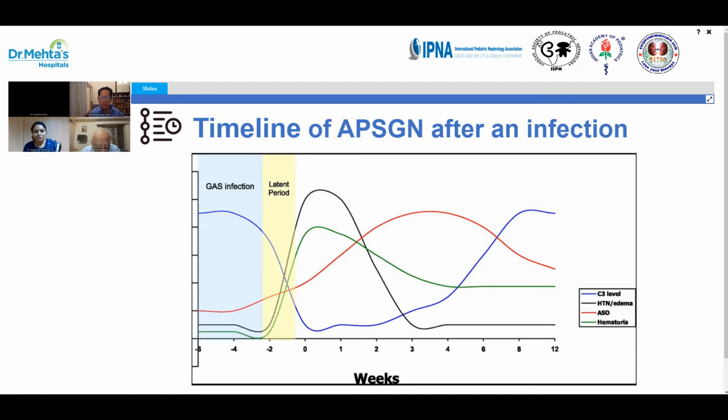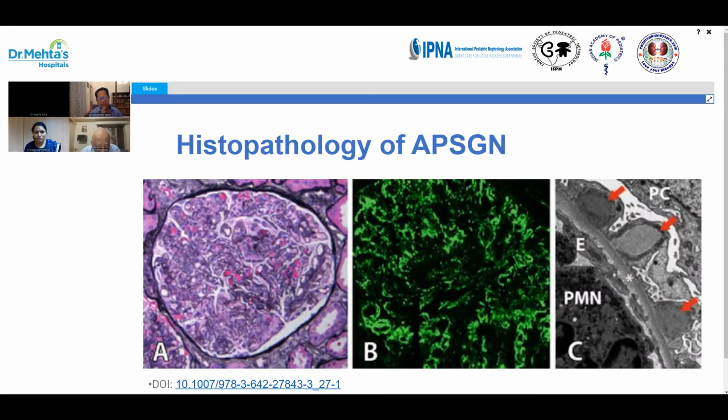If you look at the histopathology, this is one of the important things, because if you know the histopathology, we know about the pathophysiology and some of the disease process. In the first slide, there is extensive inflammation with exudation of the mesangium.